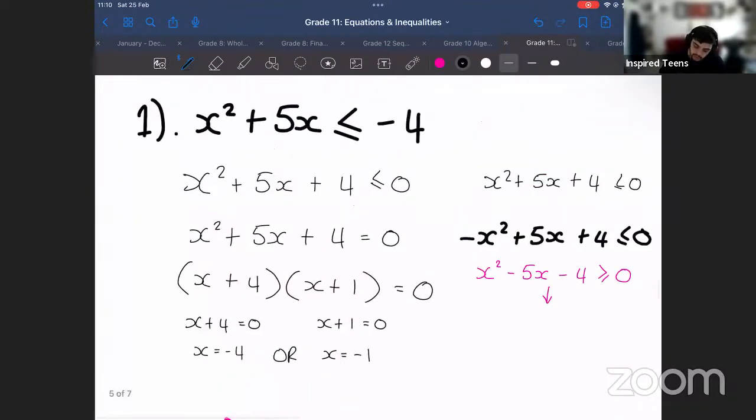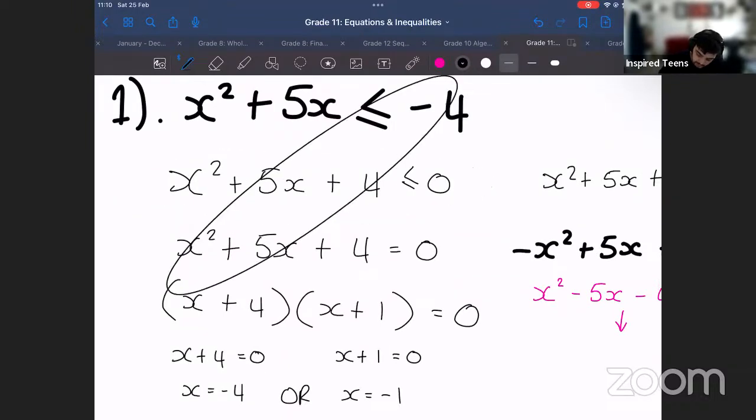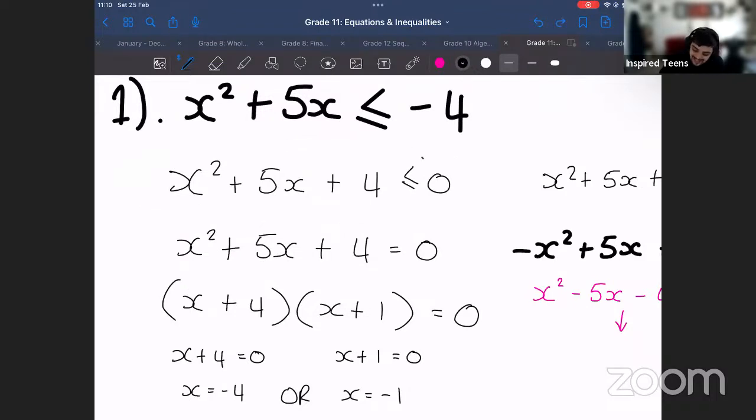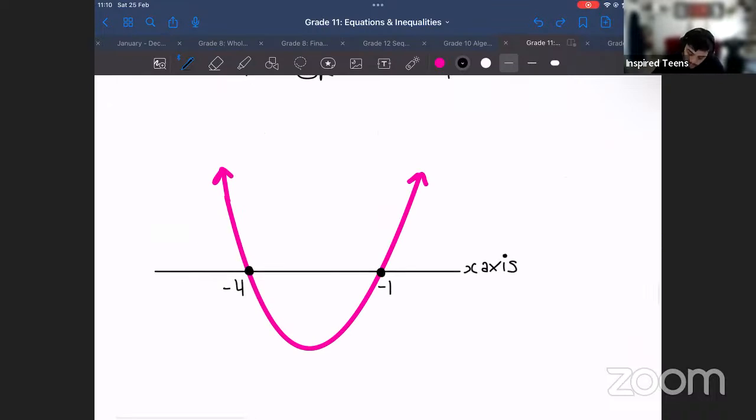Our actual question wanted to know the values of x for which x squared plus 5x plus 4 is less than 0. When we look at our parabola, remember, when we consider our function being less than 0, that is below the x-axis. When we do functions, we will cover this in detail.